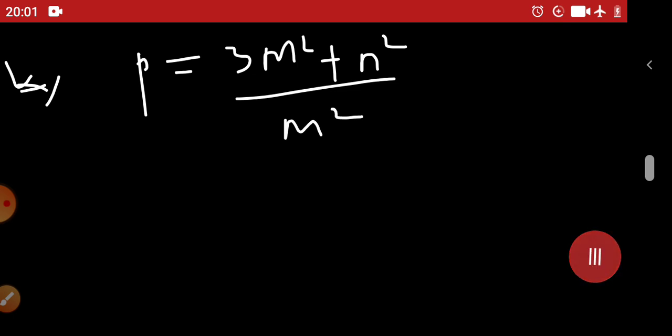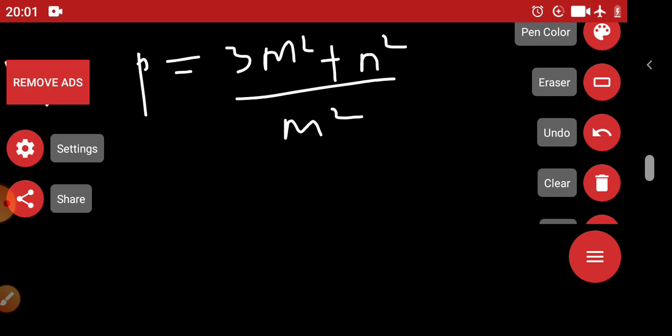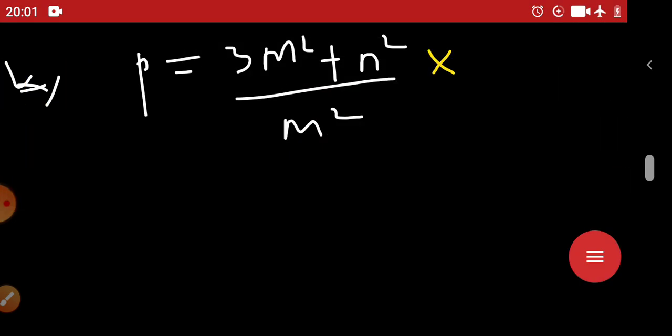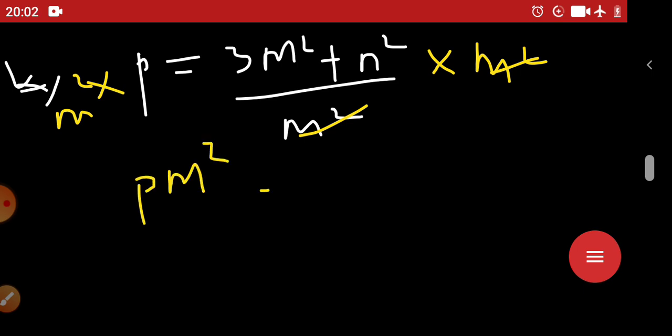Here, you need to multiply by m squared to remove the m squared from the denominator. So this will cancel, and we'll have p m squared is equal to 3m squared plus n squared.